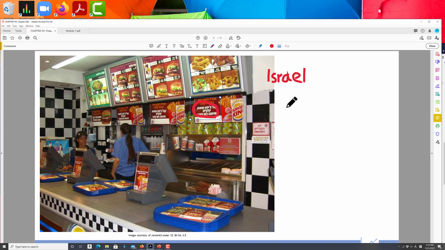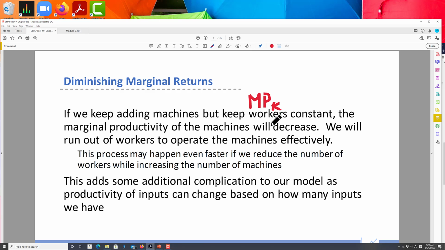It's a long 5-hour drive. At any rate, if we keep adding machines but hold the number of workers constant, marginal product will decline.